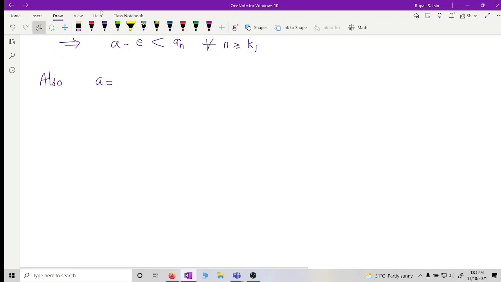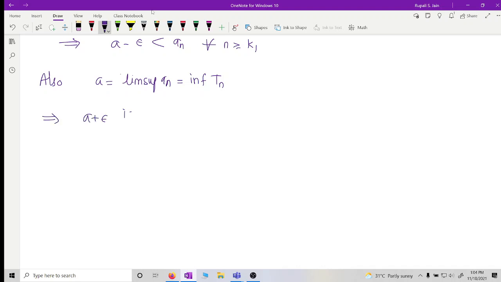Also, A is equal to the infimum of capital T_n, or we can write limsup of a_n, which is nothing but the infimum of capital T_n.